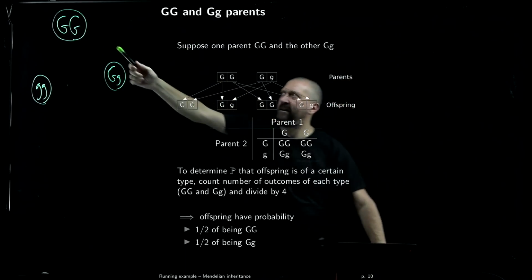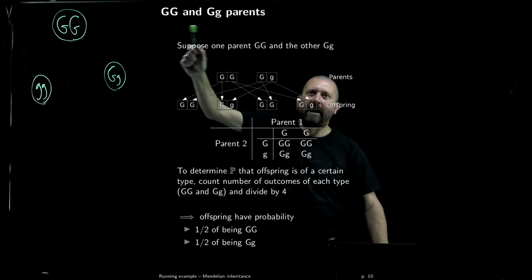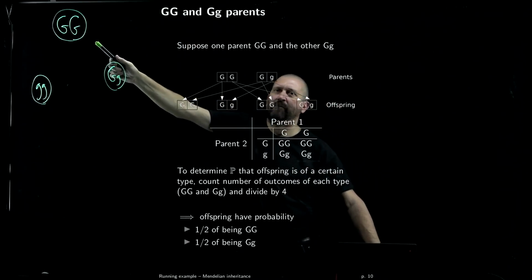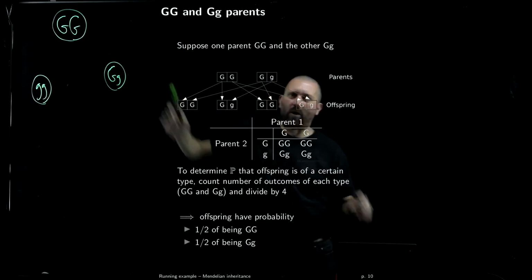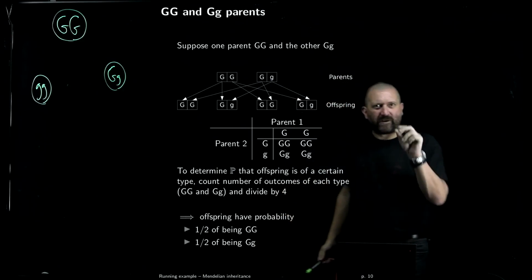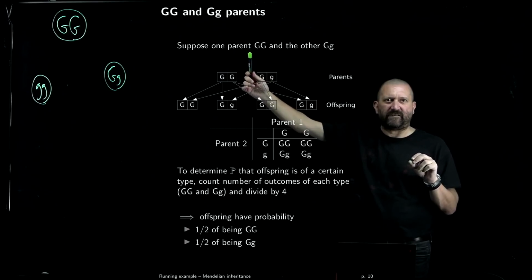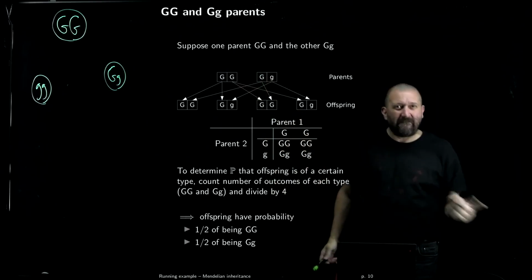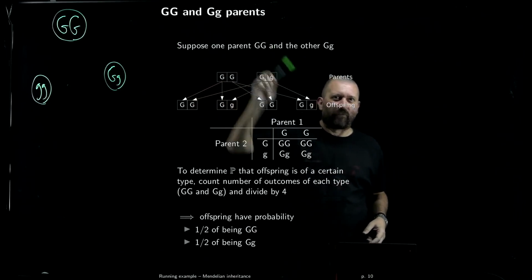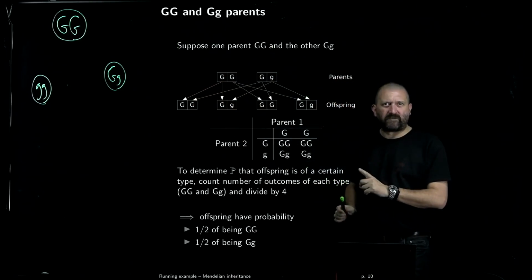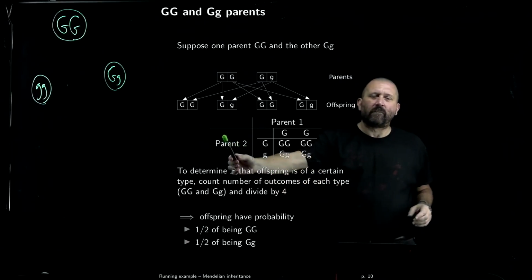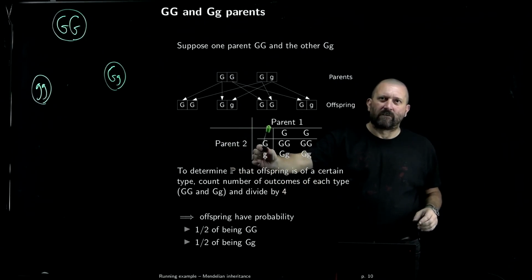So if I'm here, remember this is one of the situations. So here I've picked this one up. I didn't know that, okay? But when I picked up an individual, I picked up a capital GG. And remember that every time I'm throwing in a hybrid. So that means my other parent is automatically little g, capital G, little g. And so these are the possible outcomes, okay?